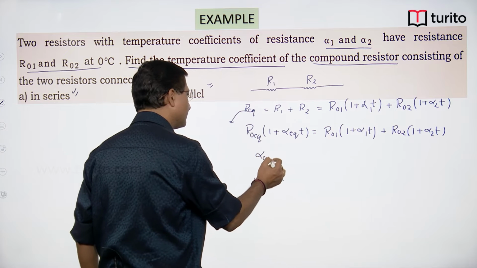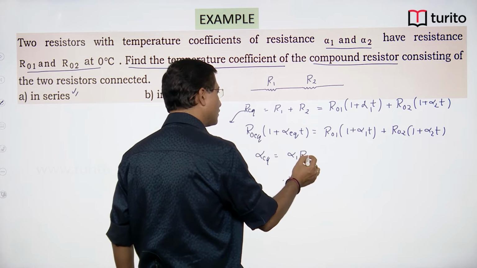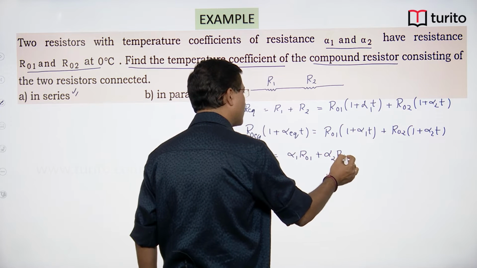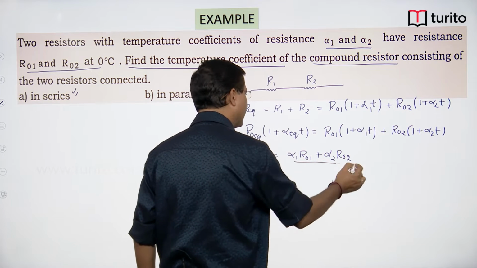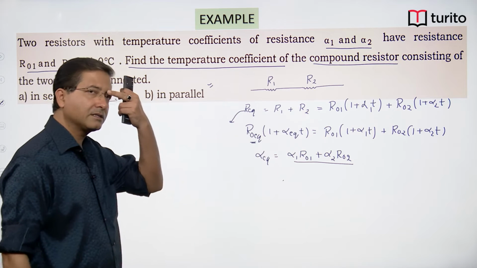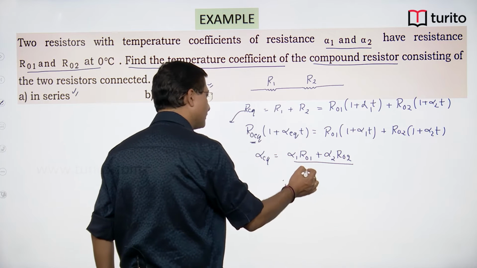alpha equivalent is equal to alpha 1 R01 plus alpha 2 R02 divided by R equivalent, which will come in the denominator. R equivalent at 0 degree centigrade will be R naught 1 plus R naught 2. So, I am substituting this value over here.